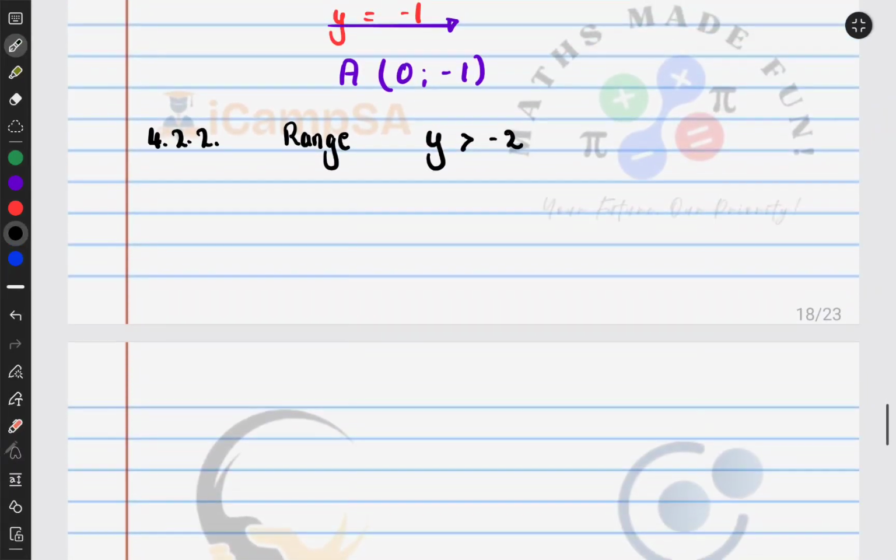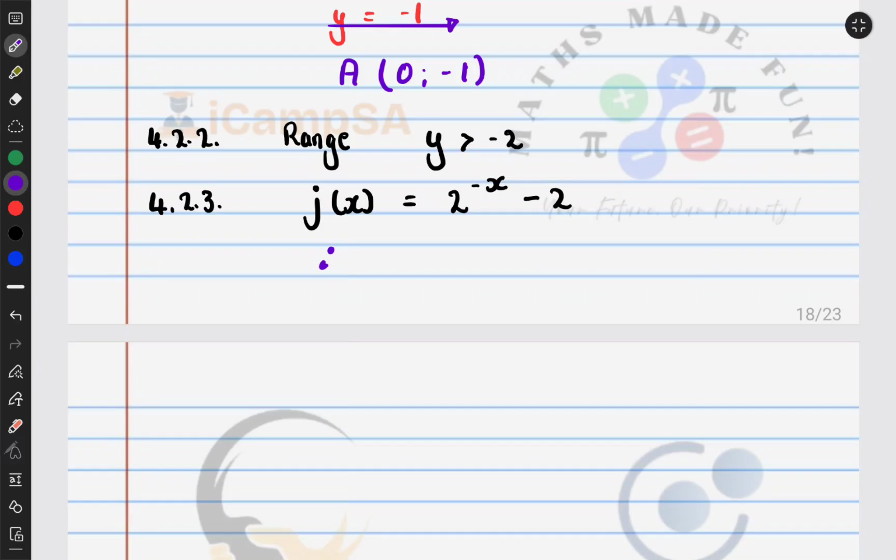So for 4.2.3, j at x is going to be the same equation but with a negative sign. So we're going to have 2 to the power of negative x minus 2. That is the new equation, and then let's write it in the formal way.